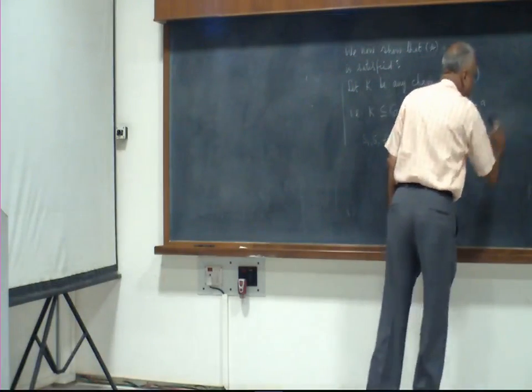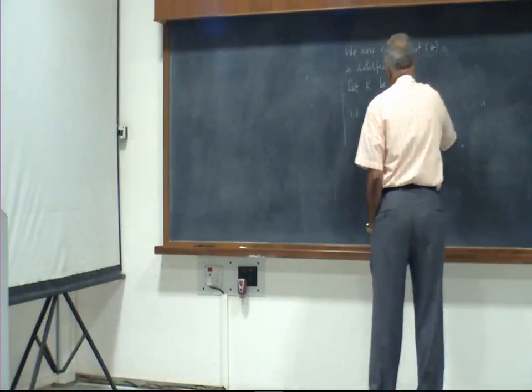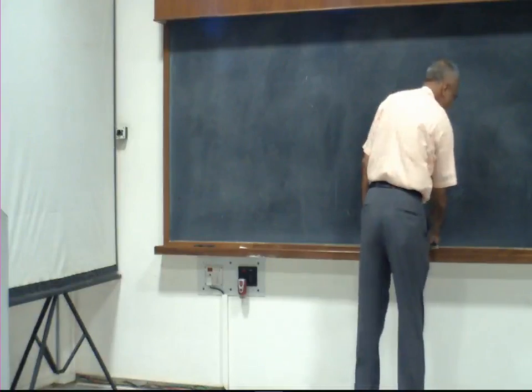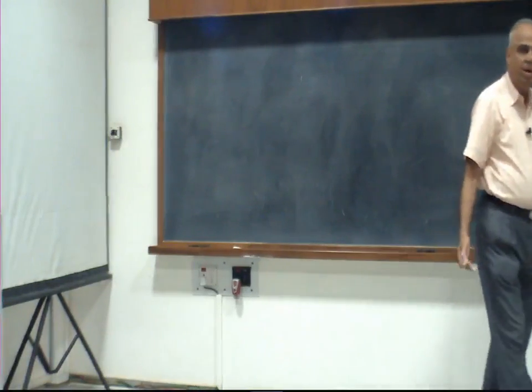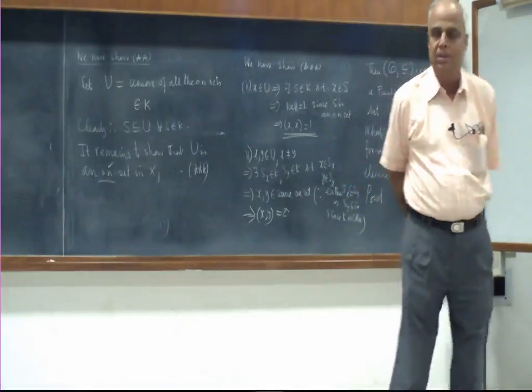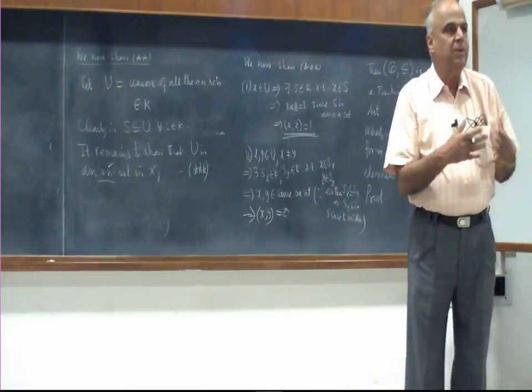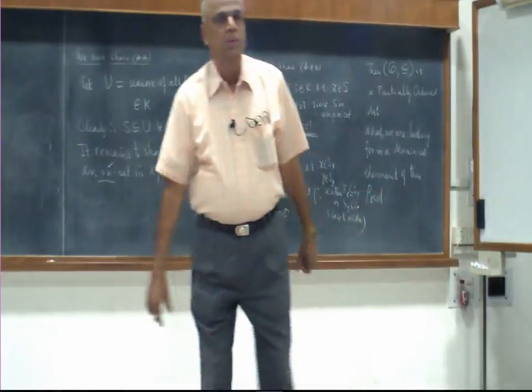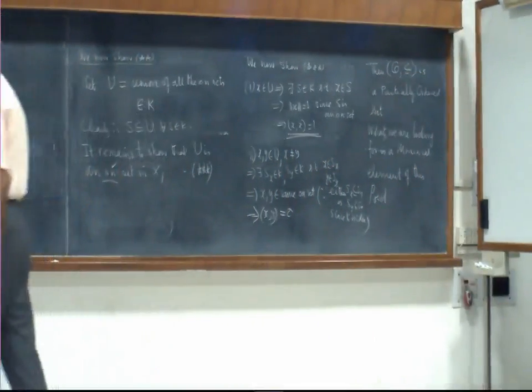Let me make a comment. Just like a vector space may have many bases, an inner product space may have many orthonormal bases, many maximal orthonormal sets. But just as in the case of vector spaces, any two bases have the same size, any two complete orthonormal sets will have the same size.